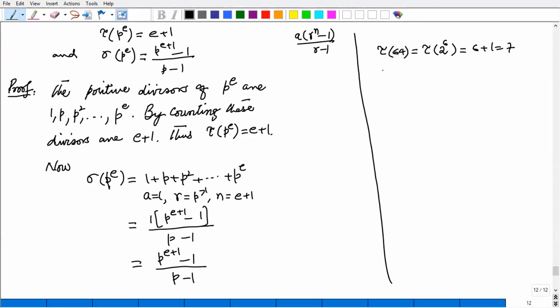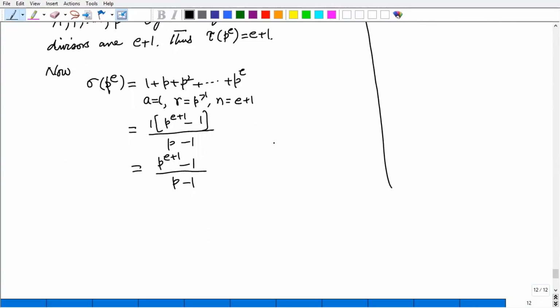Similarly, sigma of 64 means sigma of 2 to the power 6, which is 2 to the power 7 minus 1 divided by 2 minus 1. 2 to the power 7 is 128. 128 minus 1 is 127. So sigma of 64 is 127. Okay, so without that formula, it's very difficult to compute sigma of 64 by using other counting techniques. Okay, now move to the next result.